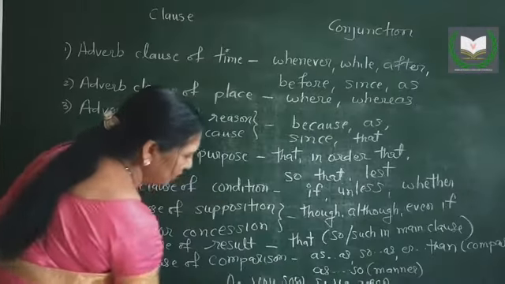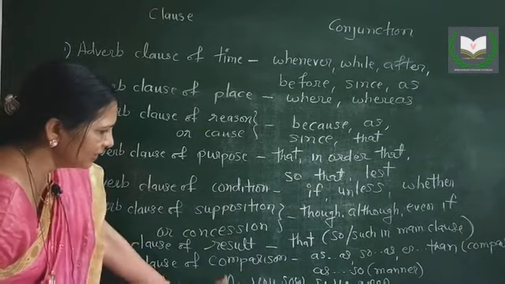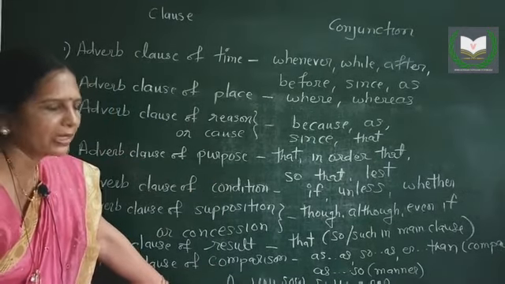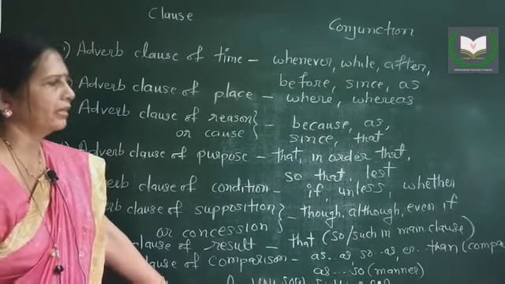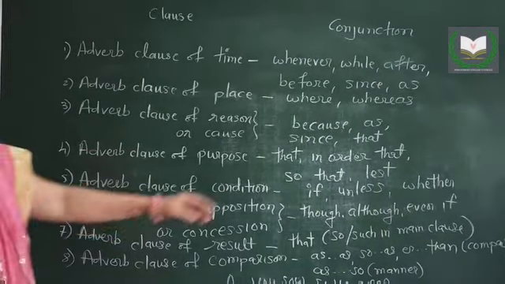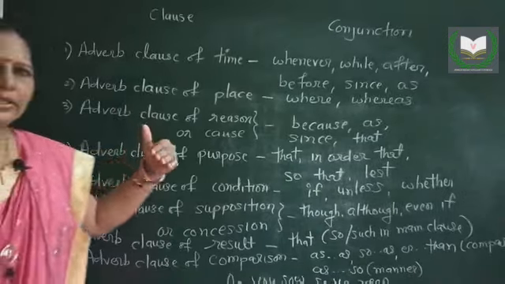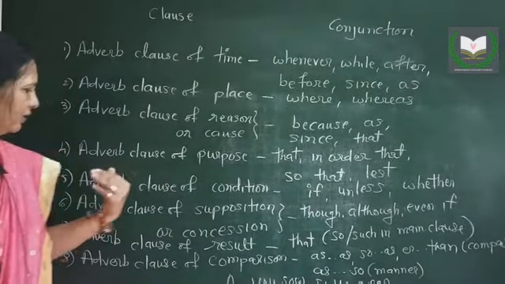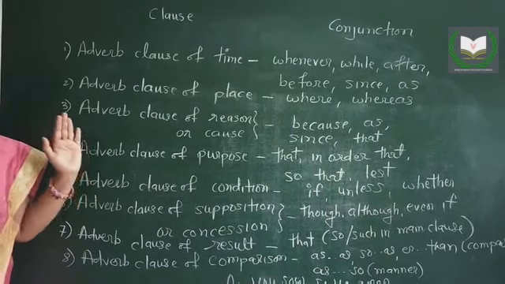Now here what are we using? As and so. So this is the second type of adverb clause of comparison, and it is also called adverb clause of manner. So these are the 8 types of adverb clauses. These are the conjunctions. We have seen earlier adjective clauses. These are the adverb clauses. And now we shall see the noun clauses.